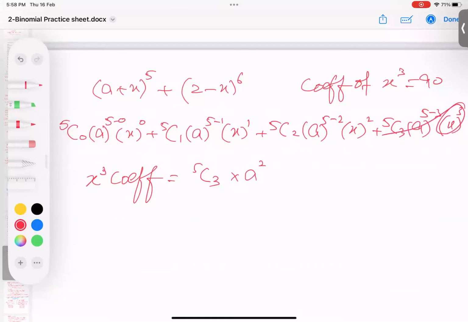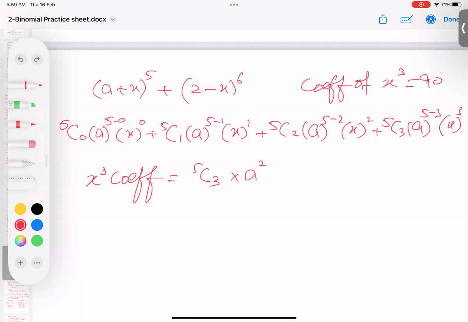And x cube I'm not taking. Why, sir, you can ask, because I said coefficient, and coefficient means I will not take x to power 3. This is done. If you check it in the calculator, typing 5c3, it is coming, and this part is over.